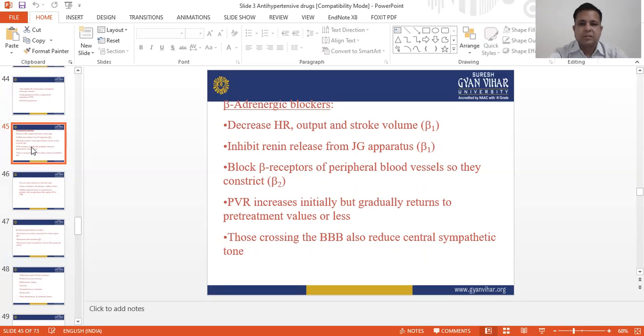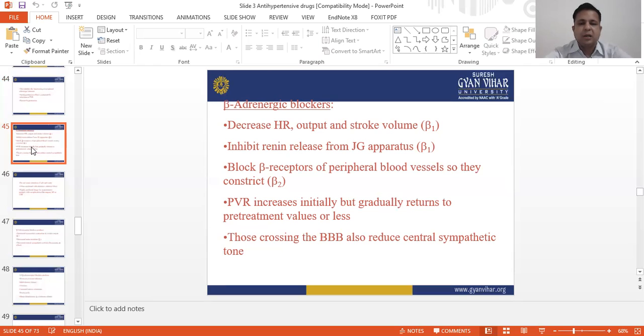juxtaglomerular apparatus by blocking beta 1 receptor. They block beta receptors of peripheral blood vessels so they constrict by blocking beta 2 receptors. Peripheral vascular resistance increases initially but gradually returns to pre-treatment values or less.